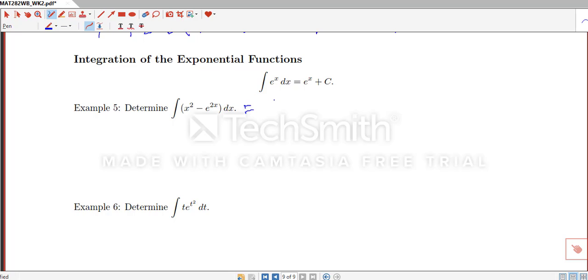First, we apply the difference of integrals rule. So we get the integral of x squared dx minus the integral of e to the 2x dx. The first antiderivative is x cubed divided by 3 minus, for the second part, we have to apply the u-sub. We will set u equals 2x because it's a composite function and 2x is in the exponent.